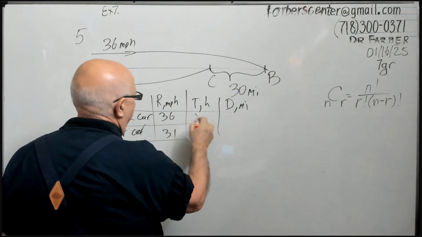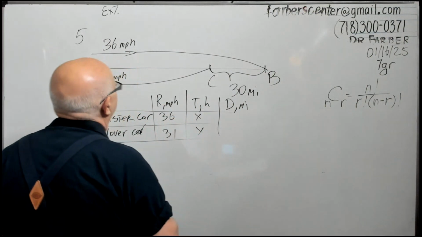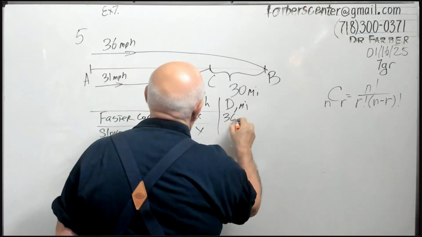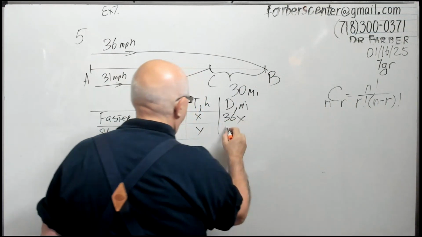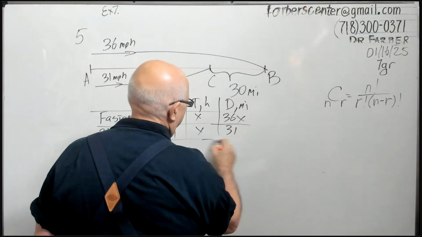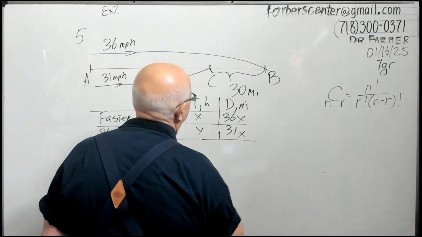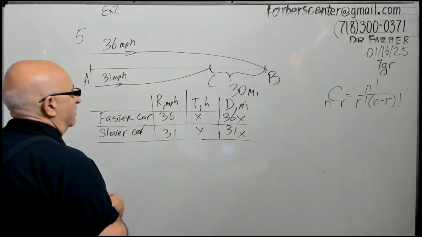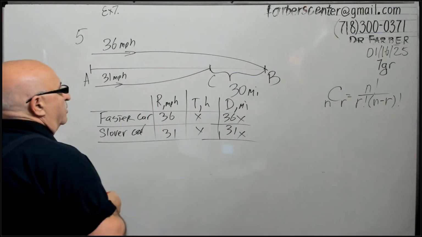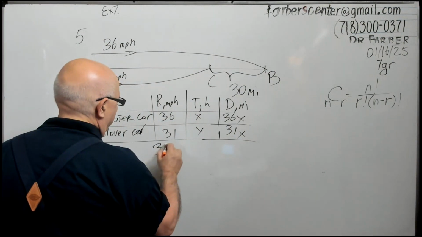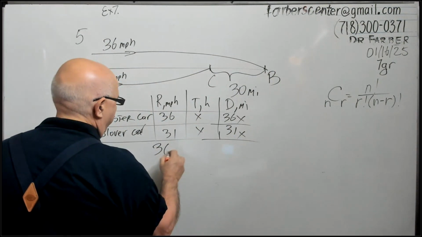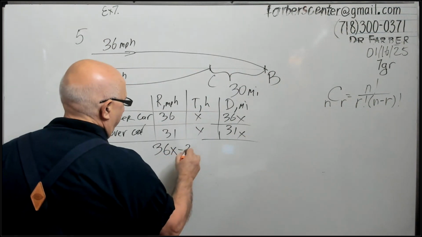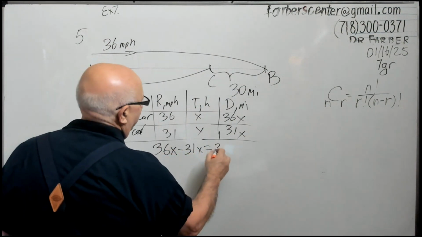They start at the same time. And this distance is 36x, and this is 31x. From this one, for instance, 36x minus 31x equals 30.